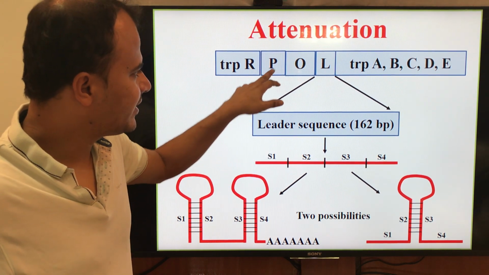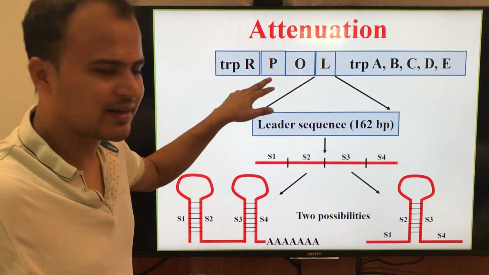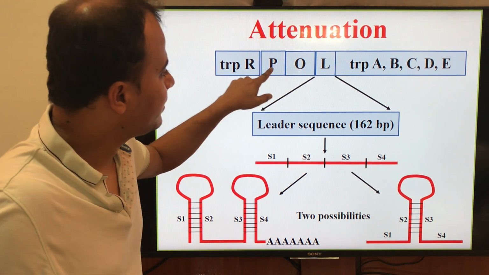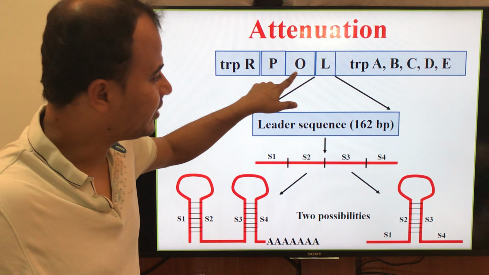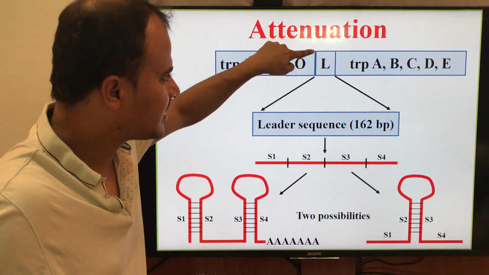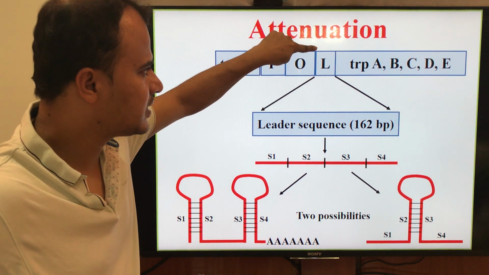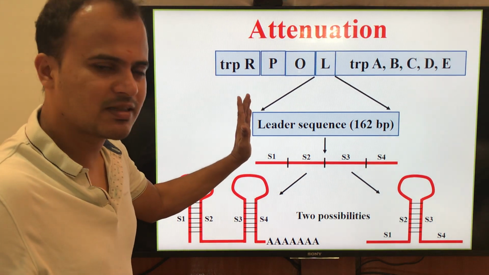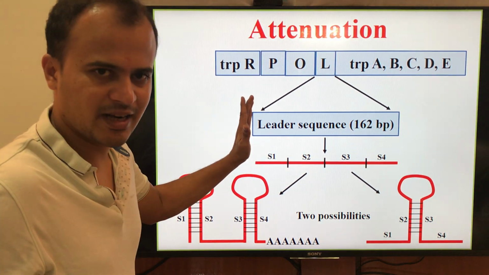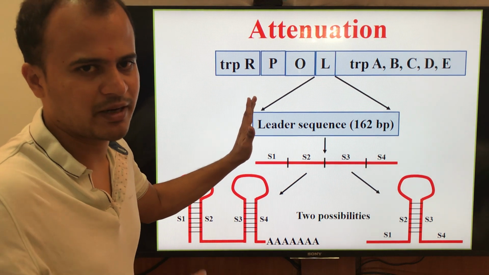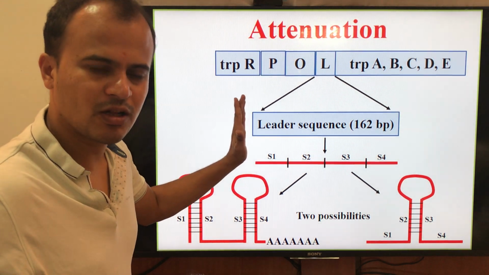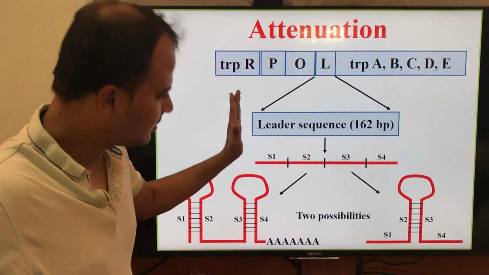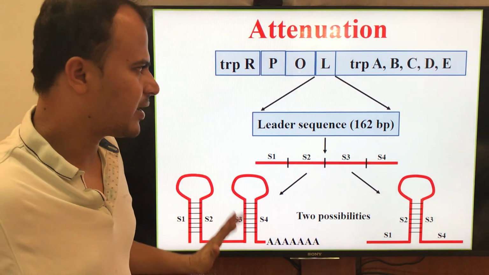So once the RNA polymerase recognizes the promoter, if the operator is free, it continues and starts the transcription from this point, from the L. That means the leader sequence is also transcribed into mRNA. What I am trying to tell you is that the leader sequence also gets transcribed into mRNA.